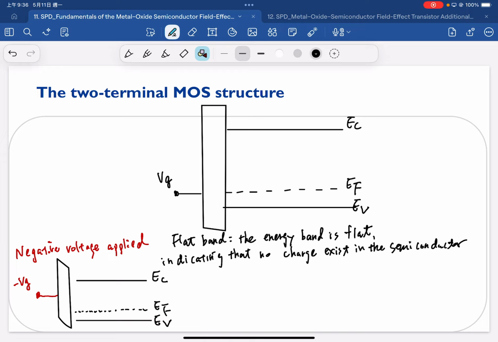So with this consideration, we also start to see band bending at the semiconductor interface.